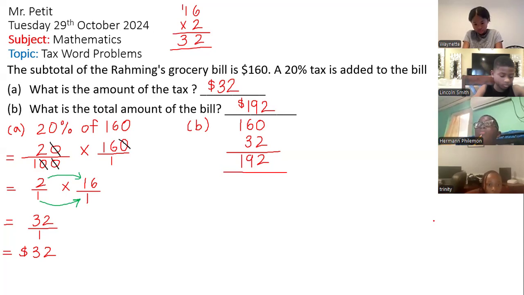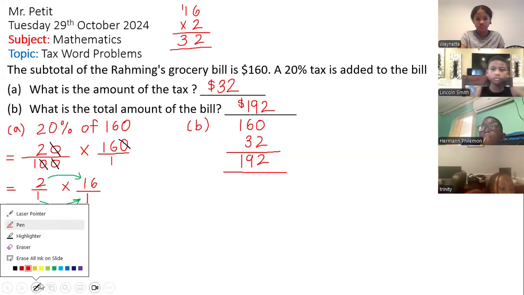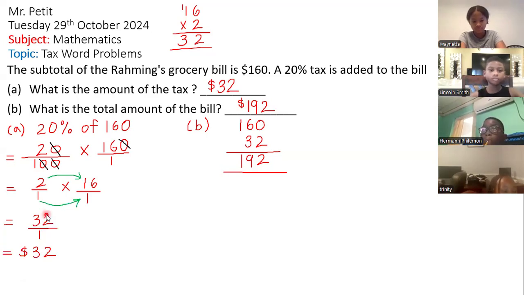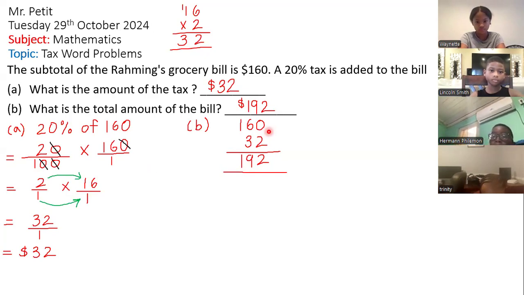I can't hear from Seth. Trinity, you understand how we got our answer or no? Yes, sir. Okay. Who's finished writing this down before I move this? I'm done. No, sir. Can I take a picture of it, please? Joel, quickly take a picture of it before I move. Where's Tajane?